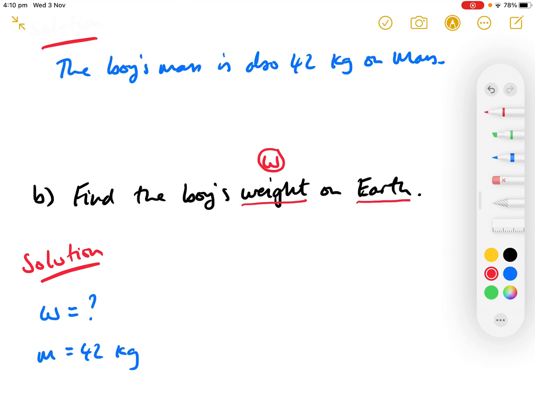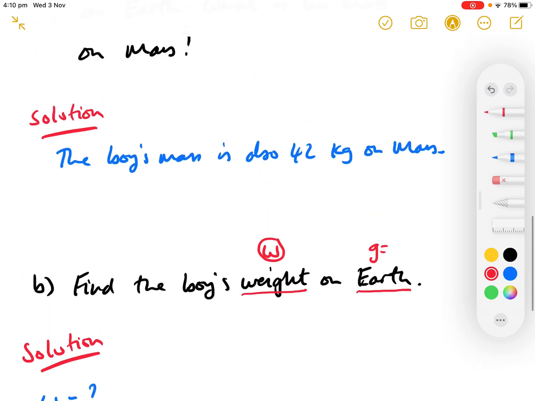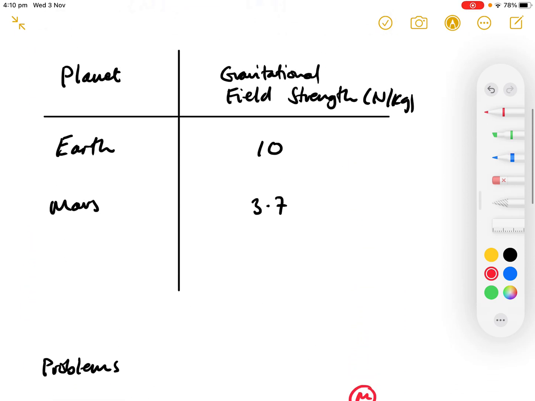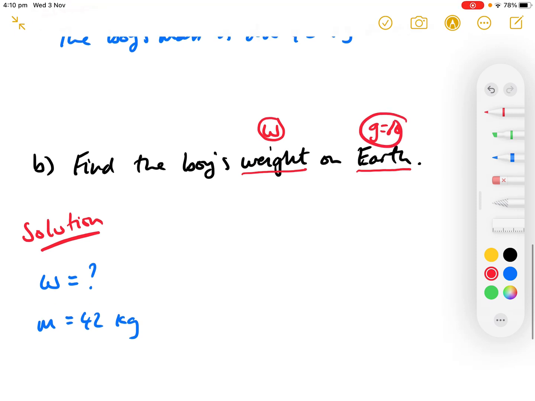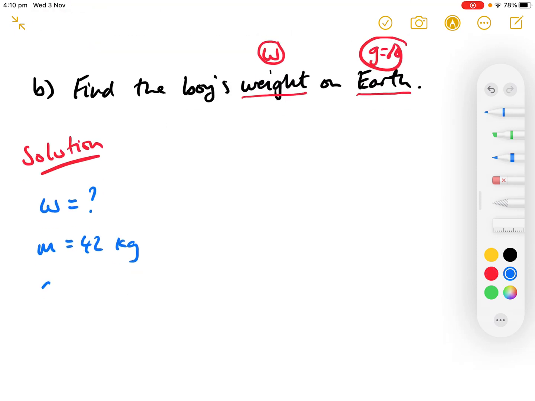And I'm also told in my question that he's on Earth. So I know that g is whatever g is on Earth. Well, I look up my table and I see that on Earth my gravitational field strength is 10 newtons per kilogram. So I write that down here. So I've listed my variables.